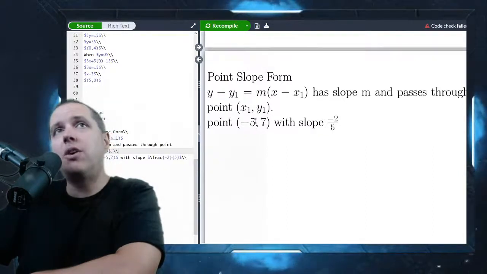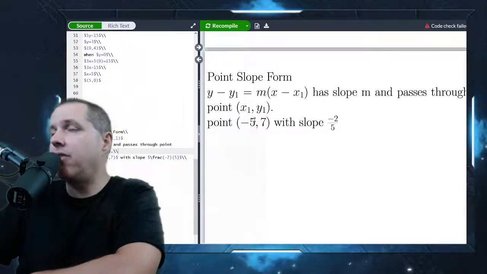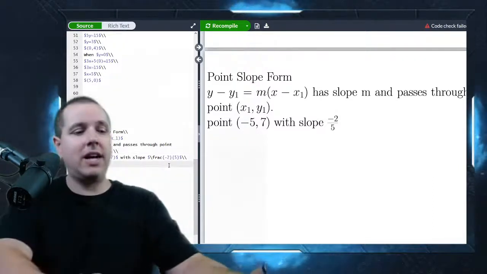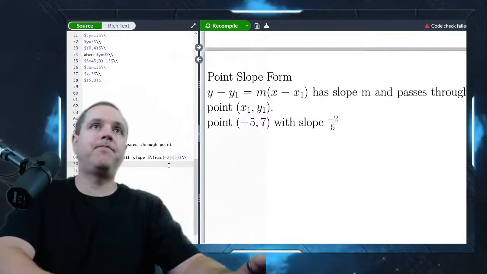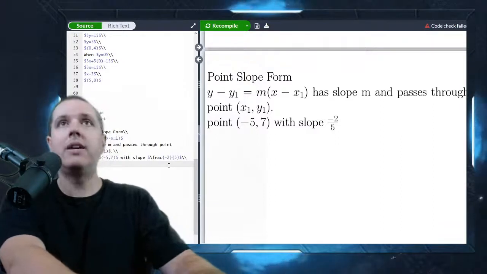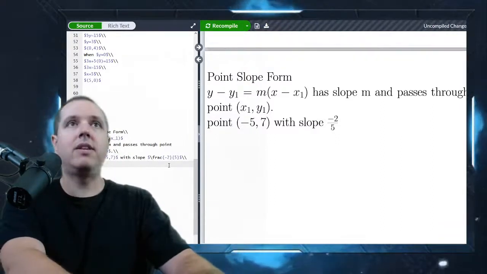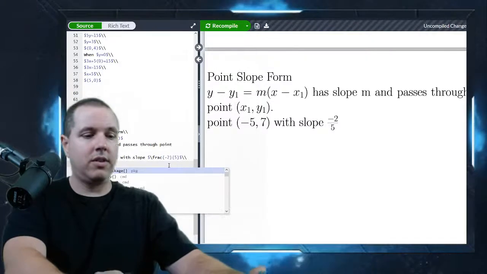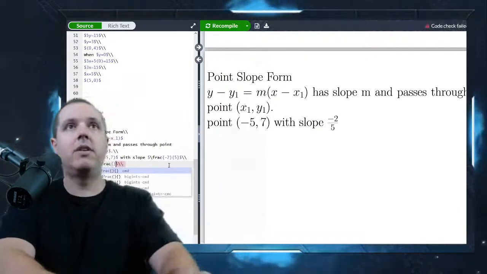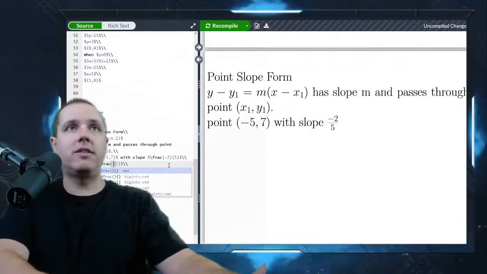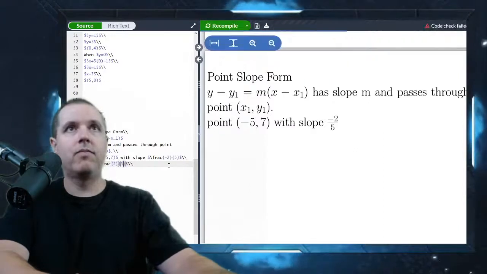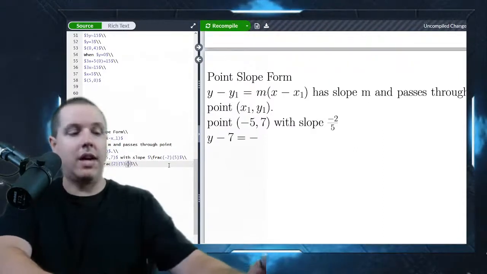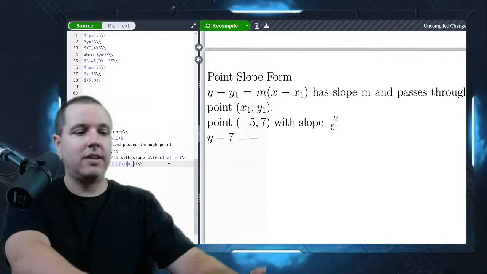Where it says x1, I'm going to put my x1, which is negative 5. So rewriting that line, I get y minus 7 equals negative 2/5 times x minus negative 5.